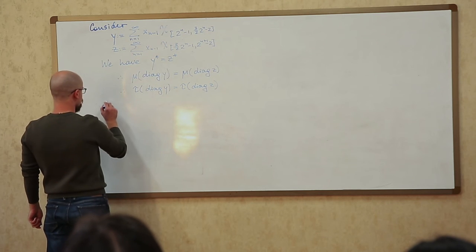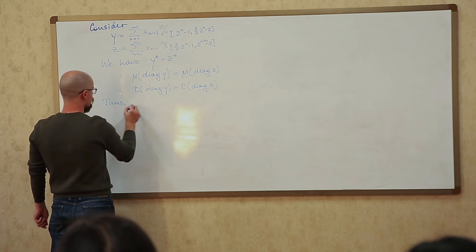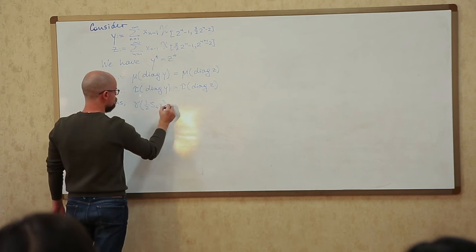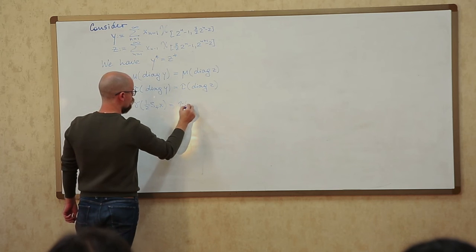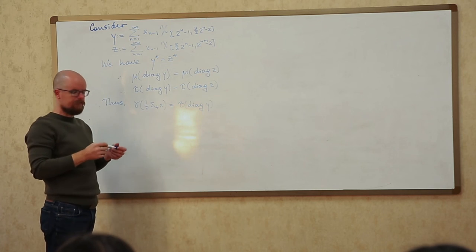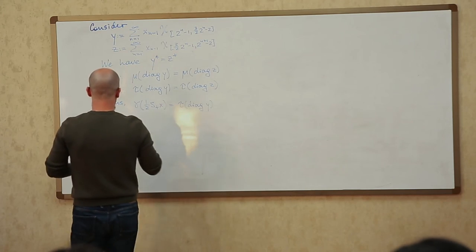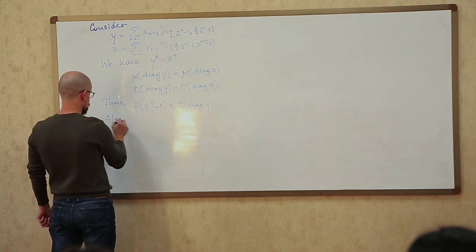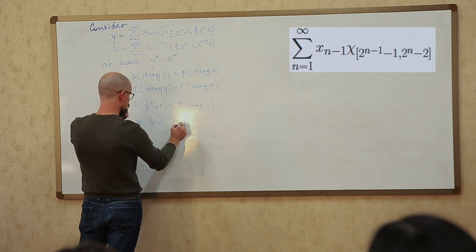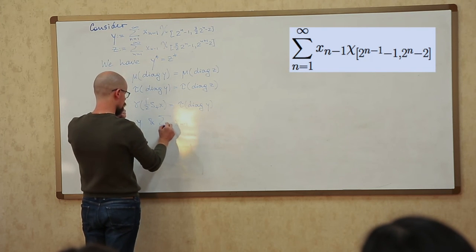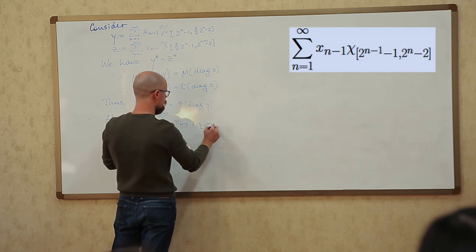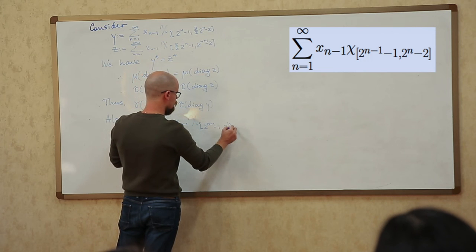So going back there, we have that gamma of half of s plus of x equals tau of, say, y or z, they are the same. On the other hand, the sequence y and the sequence x_{n-1}, n from 1 to infinity, times characteristic functions of the interval from 2^{n-1}.